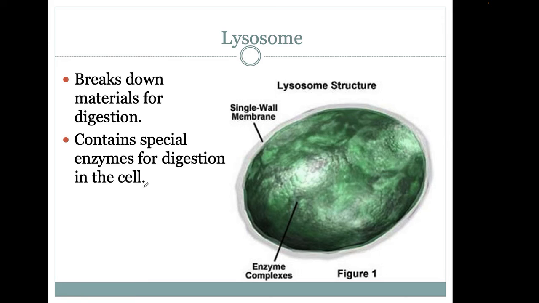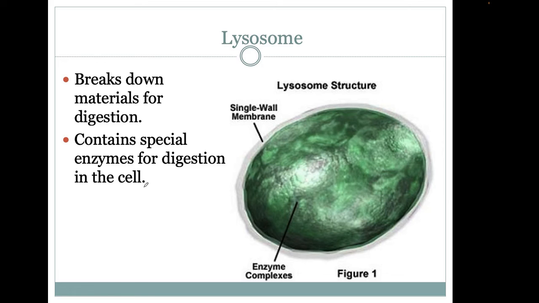They are found in large numbers in actively dividing meristematic cells. They were first reported by Christian de Duve. They originate from the endoplasmic reticulum or Golgi complex.